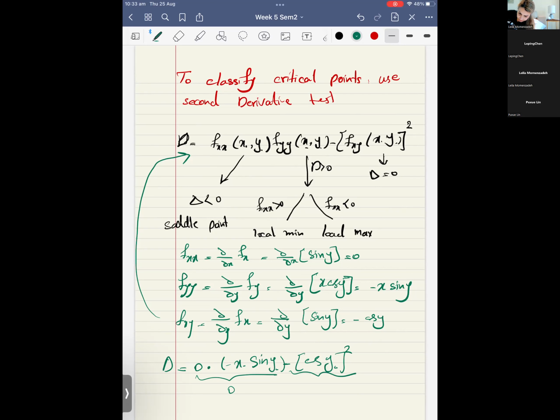At every critical point, cosine of n pi is plus or minus 1, so you have this point, and this point is a saddle point because delta is less than 0, and all our critical points are saddle points.